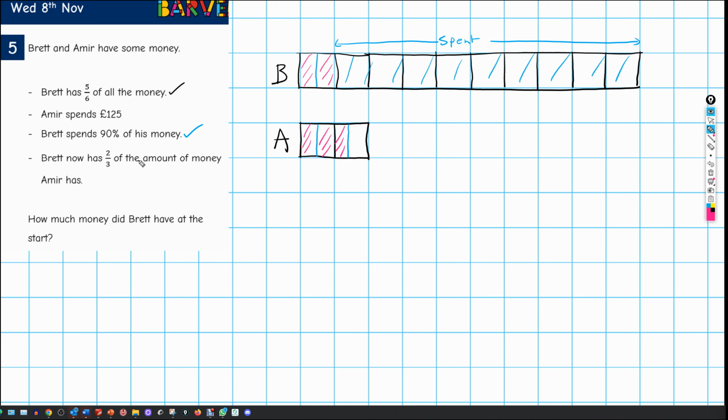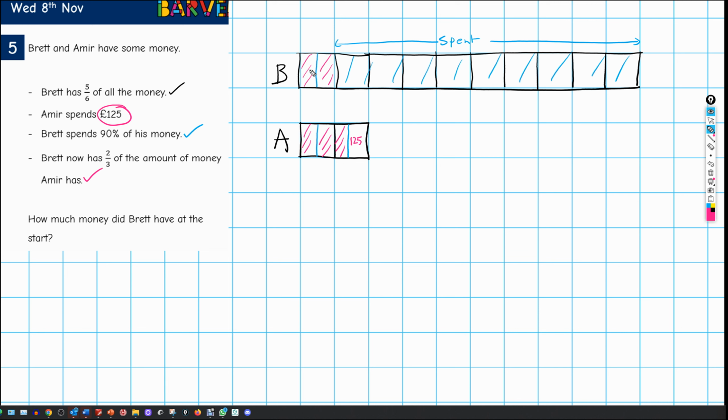I'm going to tick that off, which brings us to Amir having spent £125. And we can now put in an amount. This bit here has a value of 125, which is fabulous because we've got all equal parts and we can now do some calculations.